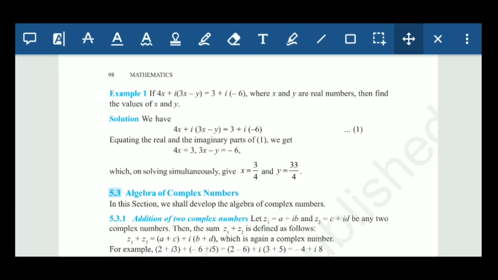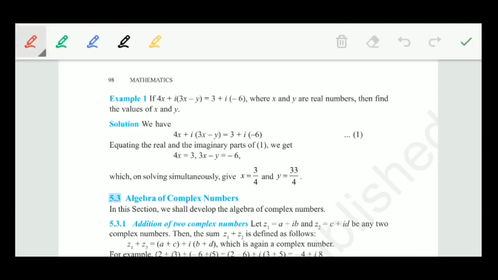So what you will do: just now we have done that when two complex numbers are equal, we can compare their real parts and imaginary parts. When you compare the real parts, you will get here 4x equals 3, and when you compare the imaginary parts you will get this part.